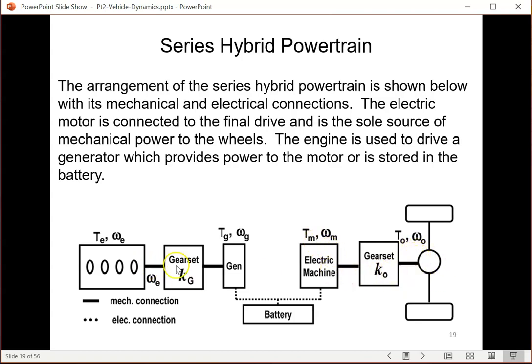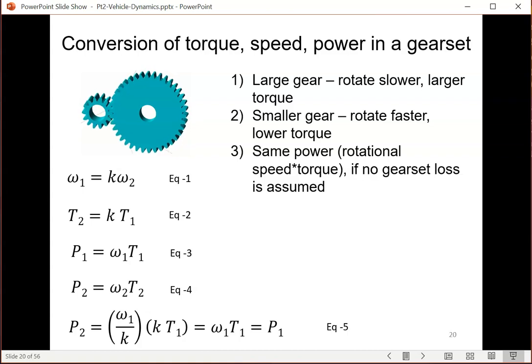Okay, so to understand how gear sets work, I'm going to do a little bit of revision on how a gear works. Okay, so you can see on the left top corner, this is a representative gear set, and it basically involves two discs with teeth on each of them.